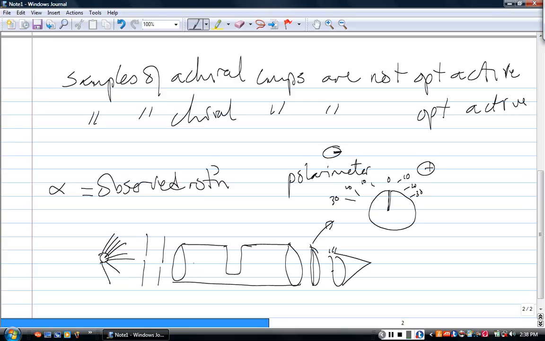So what you'd actually do then is, you have a light source, and usually what's done is use a sodium lamp.